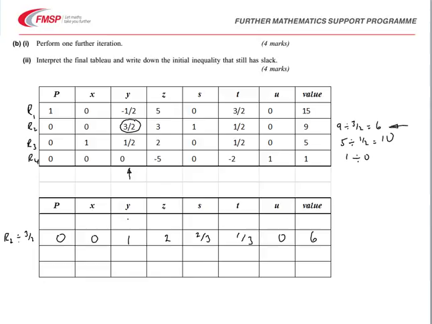We've now got to make these others in column Y all equal to 0 by adding values of row 2, or subtracting. So if we look at row 1, we've got there negative 1/2. So if we add 1/3 of row 2 to that, so we do row 1 plus 1/3 of row 2, 1/3 of that will be adding a half, which gives us 0.